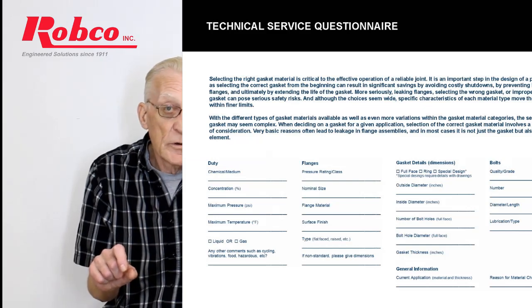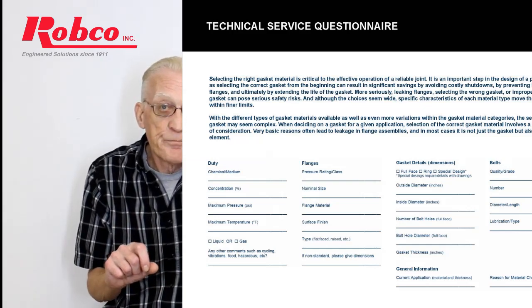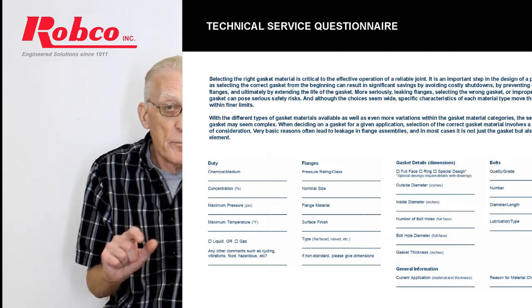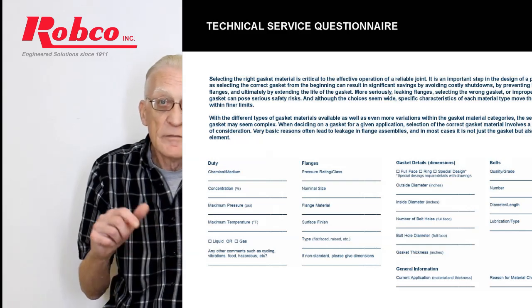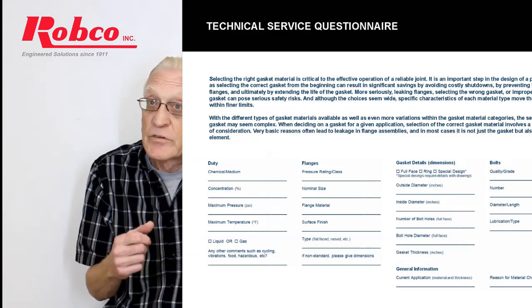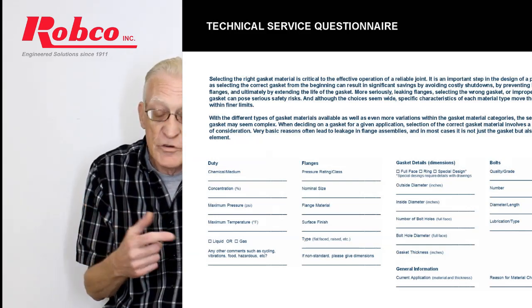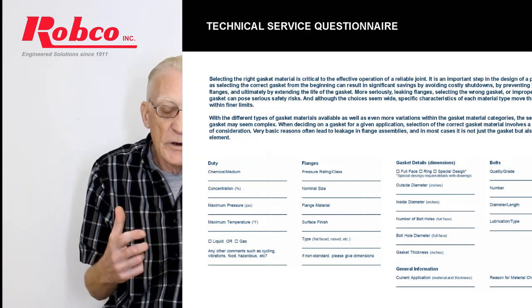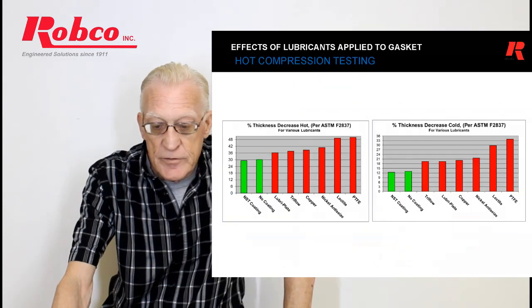The gasket's part of it, the flange is part of it, the flange surface is part of it, the temperature, pressure, and media are part of it, the bolts, lubricant or not. Did you lubricate the faces of the gasket and therefore destroy the whole basis of gripping and holding statically in place?